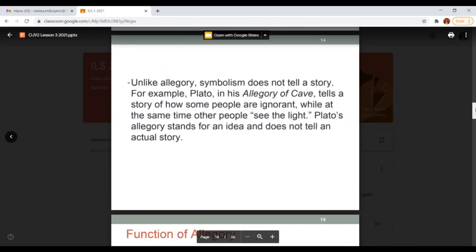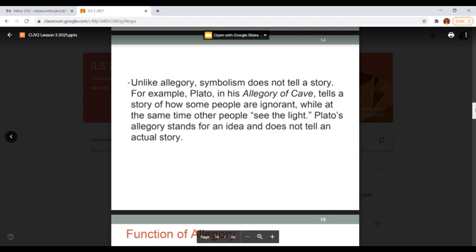Also, unlike allegory, which, as we already said, is a full narrative, symbolism itself does not really tell a story. A symbol is just there to represent something within its structure. So, for example, in his allegory of the cave, written by Plato, Plato tells the story of how some people are ignorant while at the same time other people see the light.